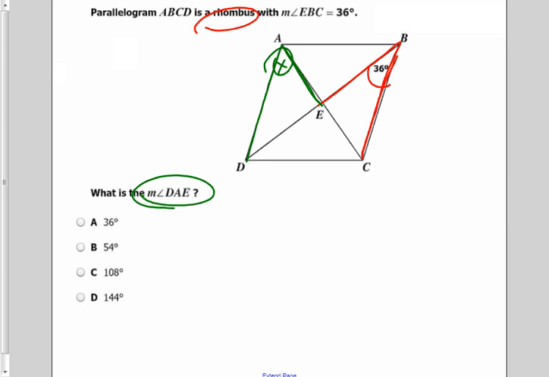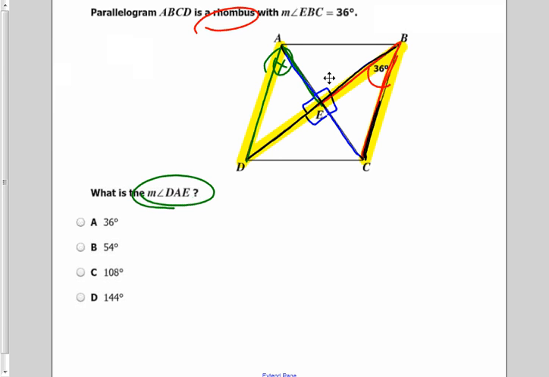Okay, so these diagonals are perpendicular bisectors, right? That means they would form 90-degree angles all the way around. If you look here, we could also apply this property. We've learned previously that if we form an N or a Z, we usually have alternate interior angles, right?